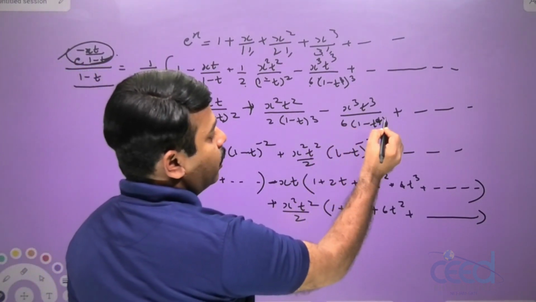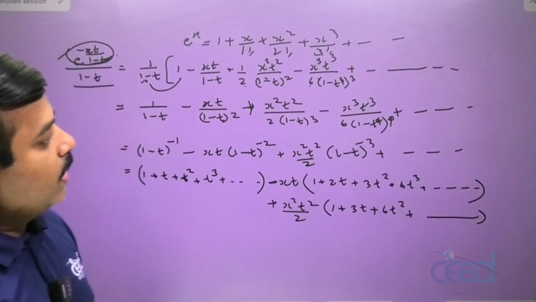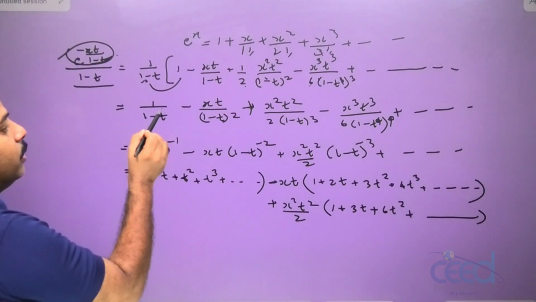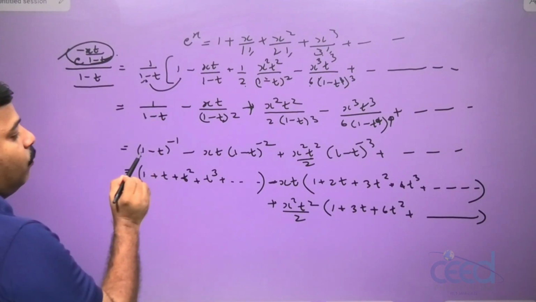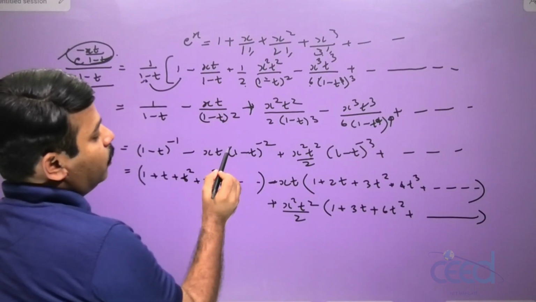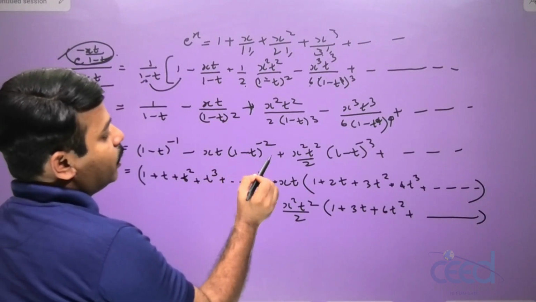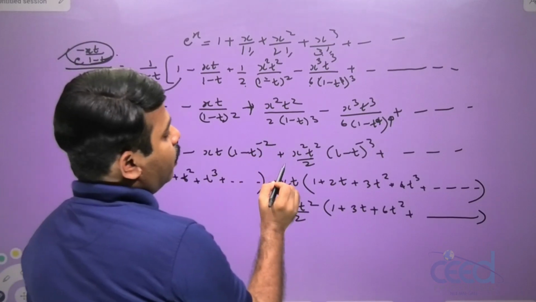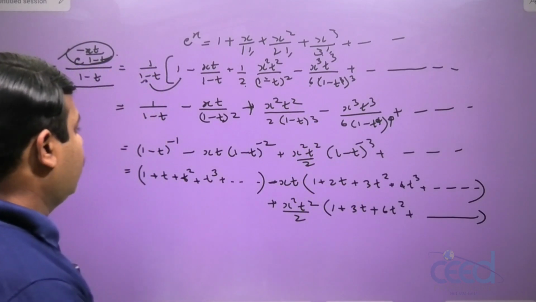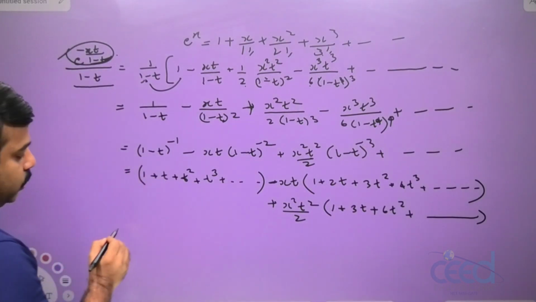Alright, this is not t raised to 4, it is 1 minus t all raised to 4, right? Now take to the numerator 1 minus t all raised to minus 1, minus xt into this, take to numerator, that is 1 minus t all raised to minus 2. Here x square t square by 2 into this goes to numerator, that is 1 minus t raised to minus 3. Now expand using this formula.